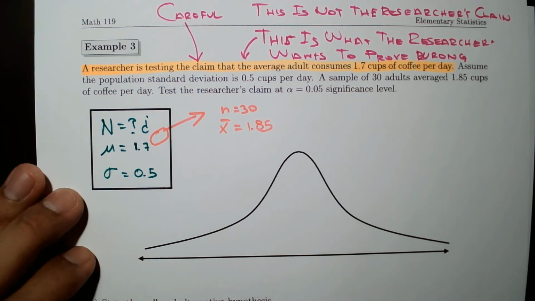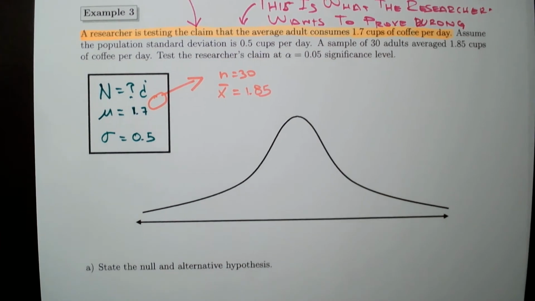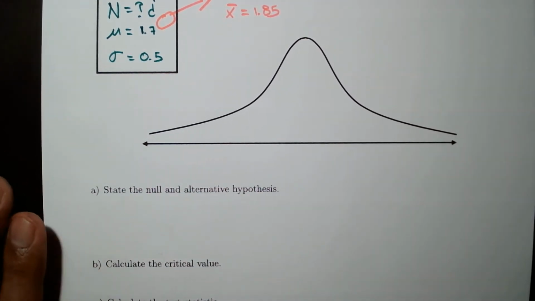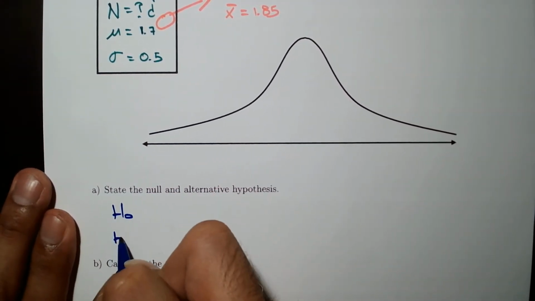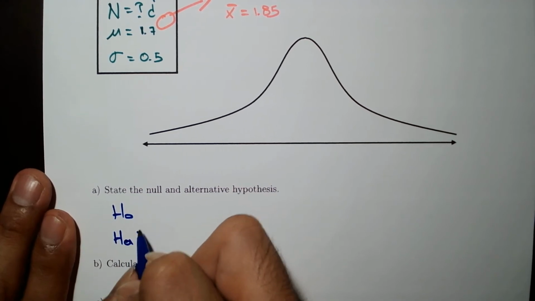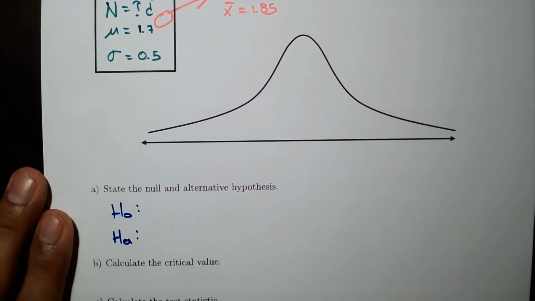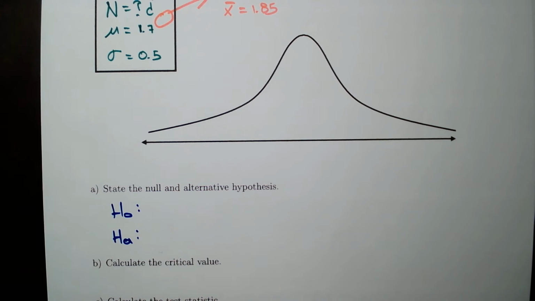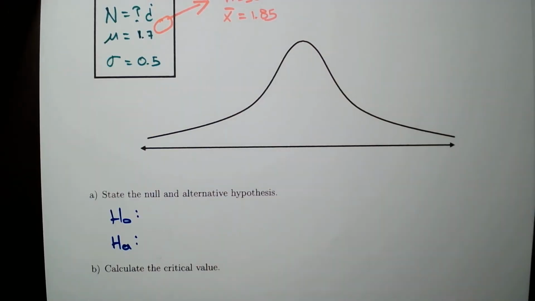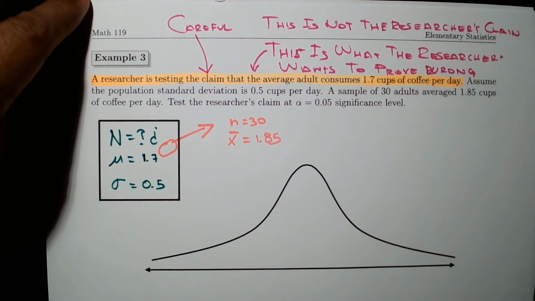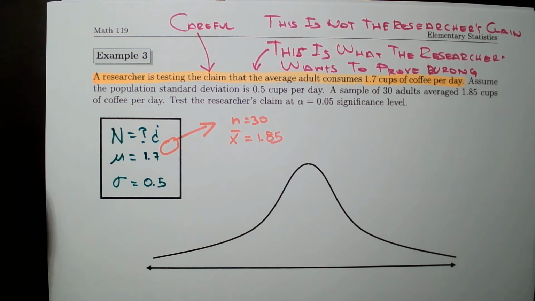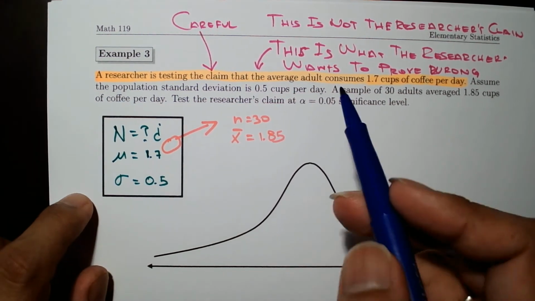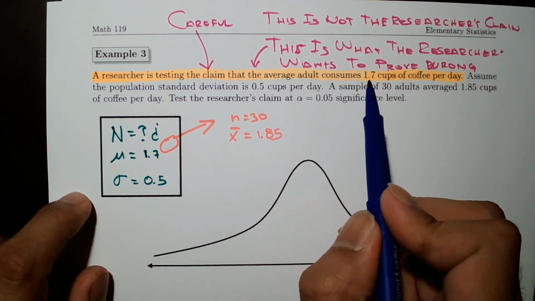Now, state the null and alternative hypothesis. That's going to be the tricky part, maybe. The H0 and the Ha. What's the null hypothesis? What's the alternative hypothesis? What are we reading in the main claim? Do we have something greater than, less than? In this case, the adult consumes 1.7.